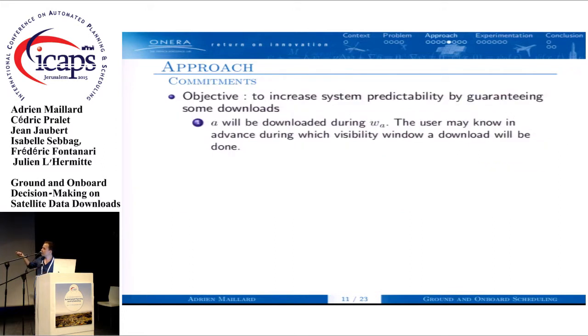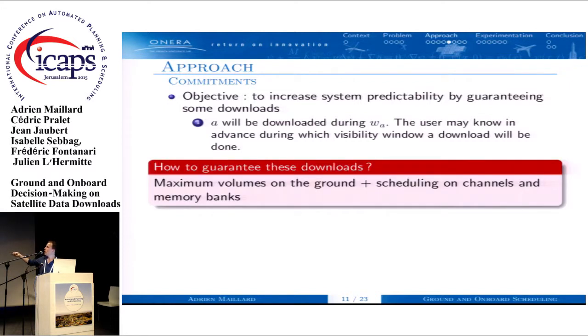So the objective is, we talk about commitment. We want to be sure that an observation will be downloaded. So how do we do that? We take maximum volumes, like I said, and we schedule on channels the memory bank to be sure that it will be found.